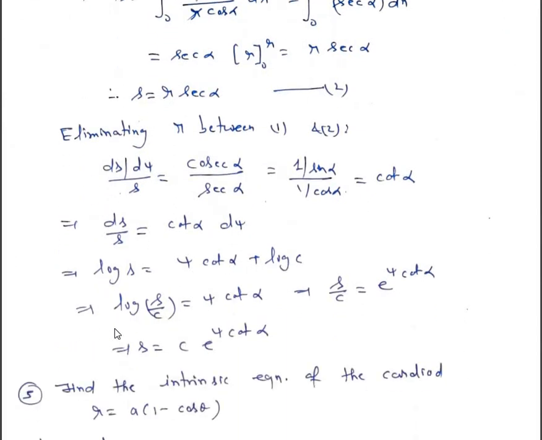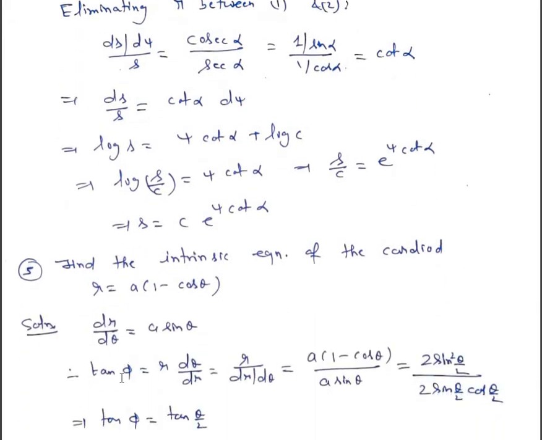Take log c on the left hand side, so we get log of S upon c is equal to psi cot alpha. So therefore S upon c is equal to e to the power psi cot alpha. So therefore S is equal to c into e to the power psi cot alpha. So this is the required intrinsic equation of the given curve.